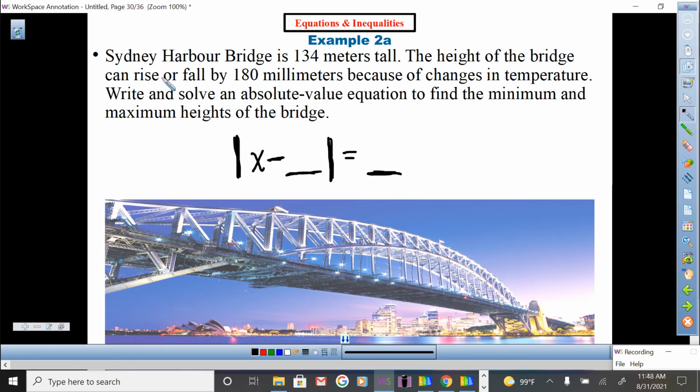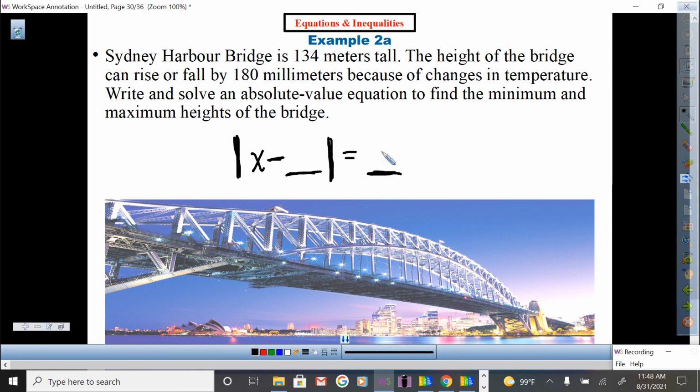If I was to tell you which of these two numbers will change positive and negative, let me read it again. The Sydney Harbor Bridge is 134 meters tall. The height of the bridge can rise or fall 180 millimeters. Which number goes here? What would you say? 180. Isn't the 180 the one that goes up and down?